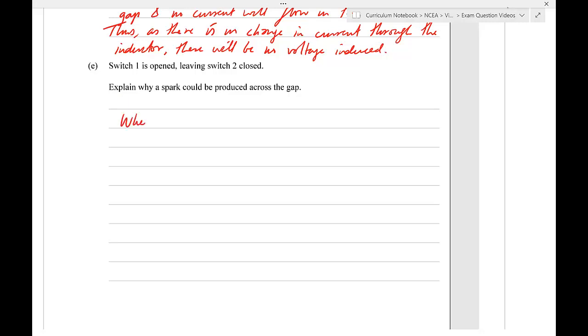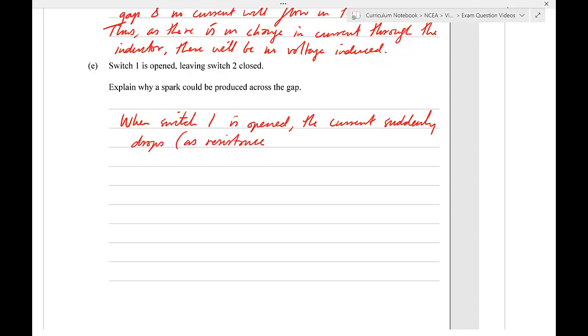So when switch 1 is opened, the current suddenly drops as resistance suddenly becomes huge. Maybe we'll talk about the time constant.